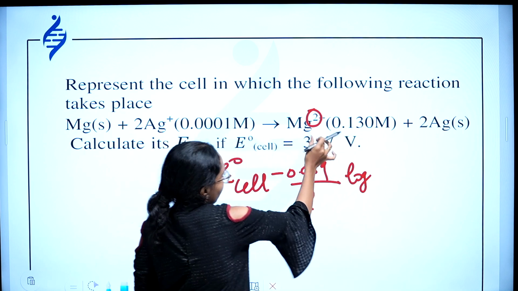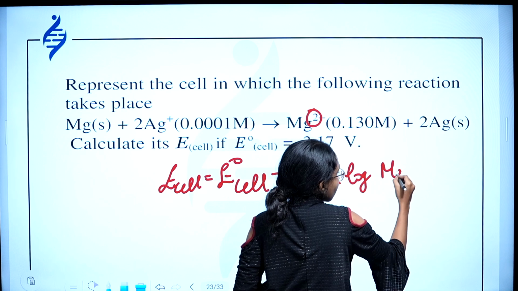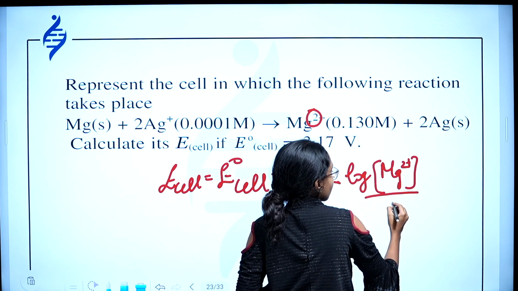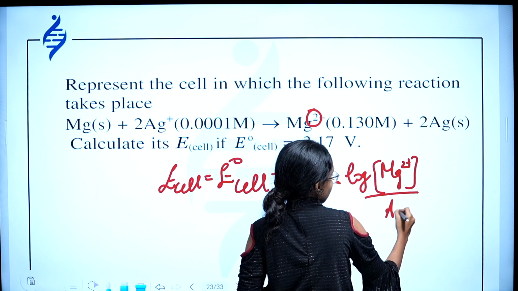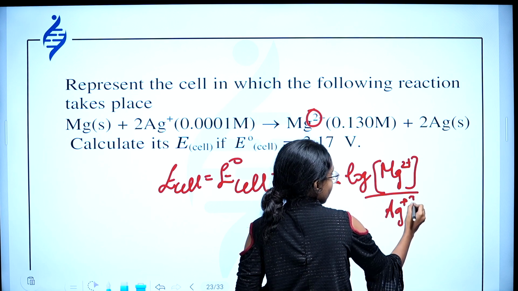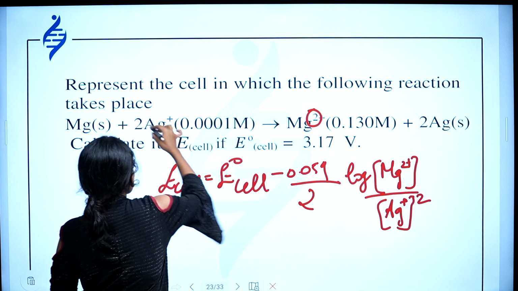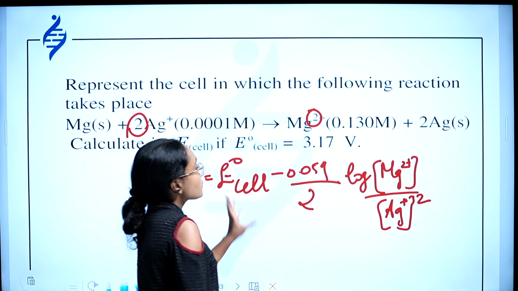The product here is Mg2+, so the concentration of Mg2+ divided by Ag+ twice, squared. So this is the equation.